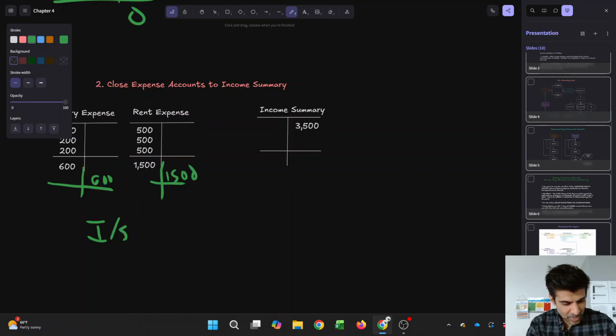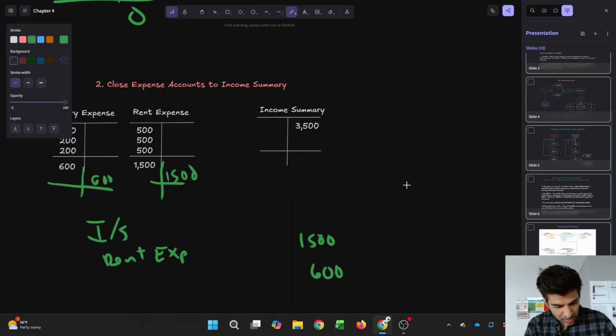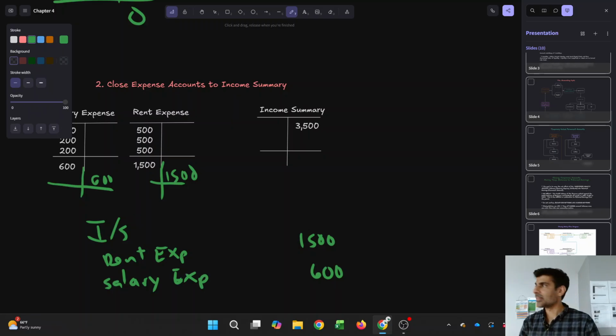There's going to be some debit, but I have my credits at least to rent expense. There's going to be 1,500 credit and salary expense. Okay, so how should I get this journal entry to balance? How much should I debit to income summary?